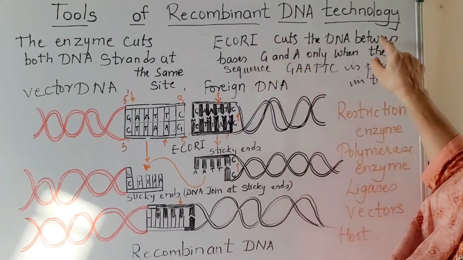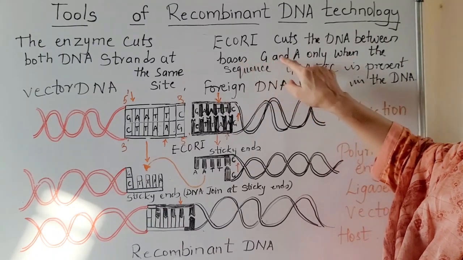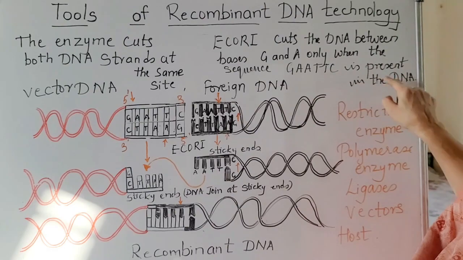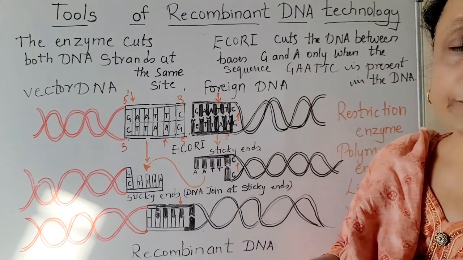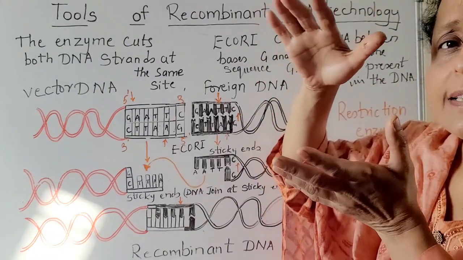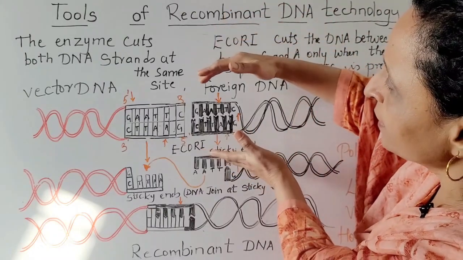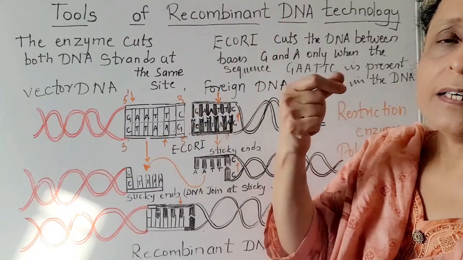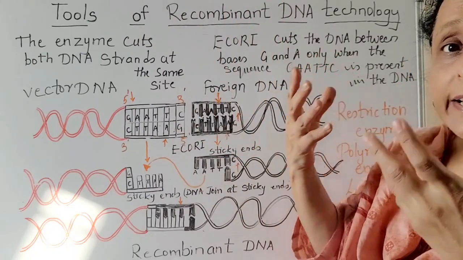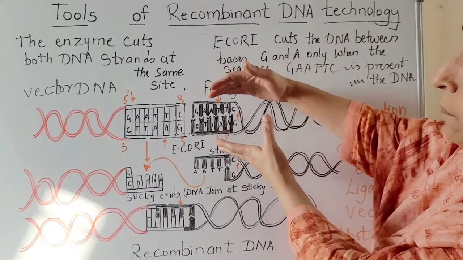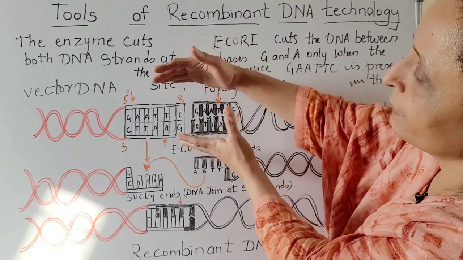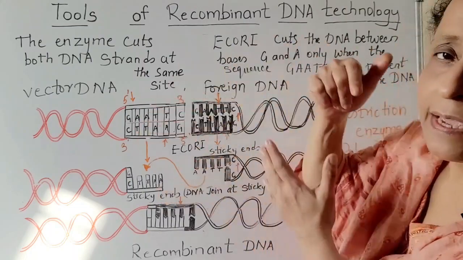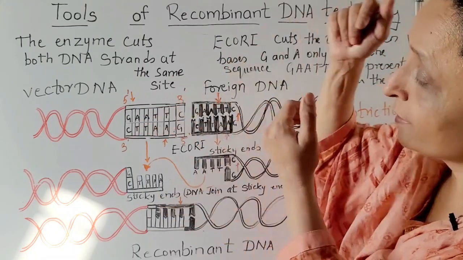It cuts the DNA between bases G and A only when the sequence GAATTC is present in the DNA. So these enzymes inspect the sequence before cutting. They are enzymes, so they are catalysts. They have to inspect and then give a cut in a particular fashion so that both are cut by the same enzyme. Therefore they develop sticky ends.